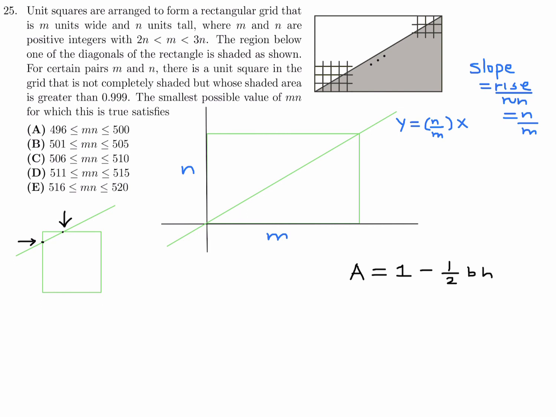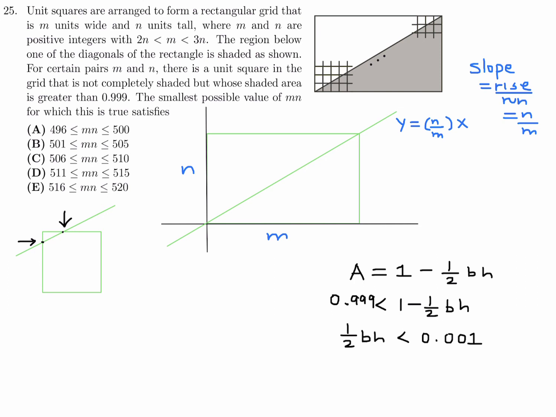So if I can figure out the base and the height, I can put in some sort of variables at least. And they tell me that this area is greater than 0.999, 1 minus 1/2 base times height. If I put everything on one side, I get 1/2 base times height is less than 0.001. So that makes it a little bit better. This is what we're going to deal with.